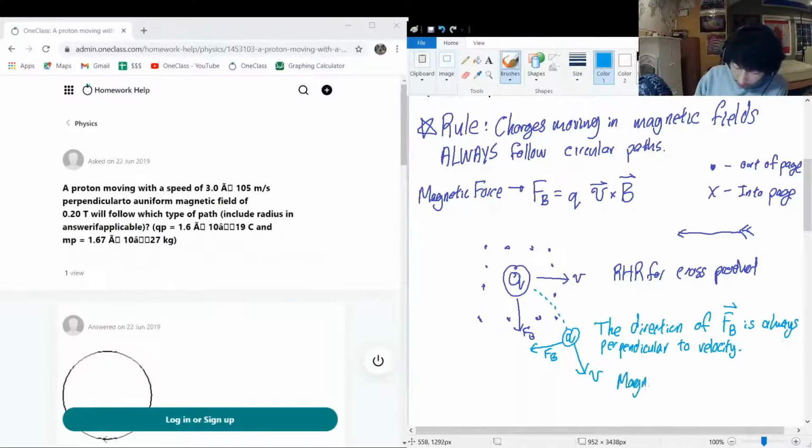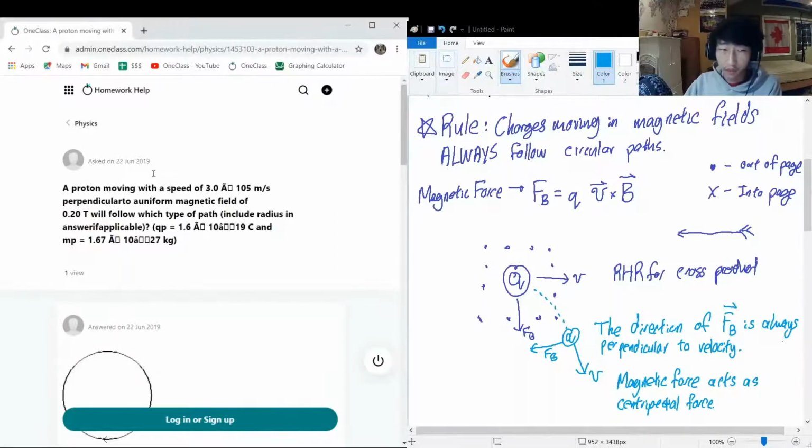Magnetic force acts as centripetal force. So that answers the first part of the question, when it's asking us what type of path this particle, a proton more specifically, will follow. We know that it has to be a circular path.